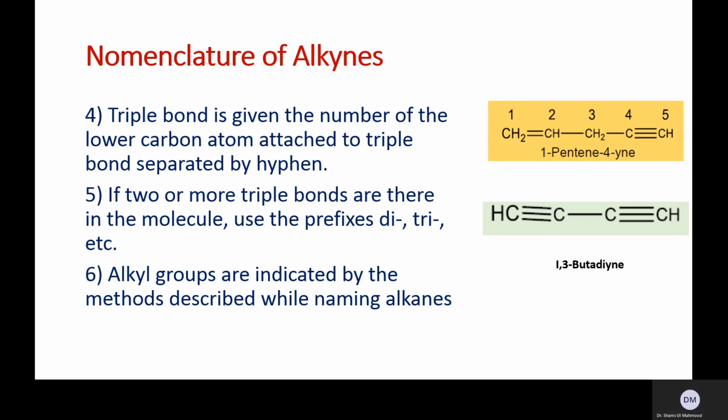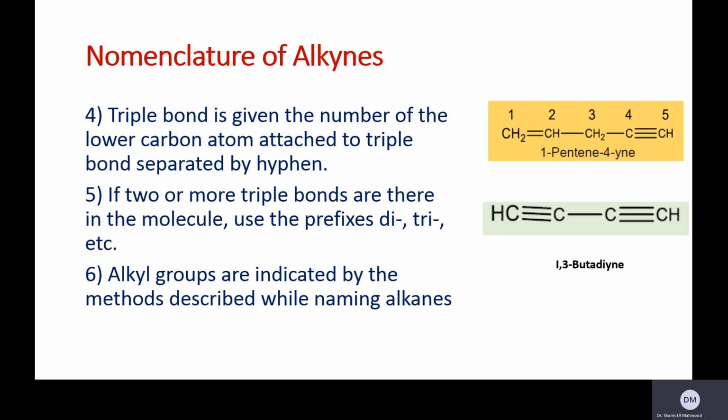There are cases when there is a competition between a double bond and a triple bond. It is possible that an organic compound contains both a double bond and a triple bond. We will number from the side where the functional group is nearest, either double or triple.